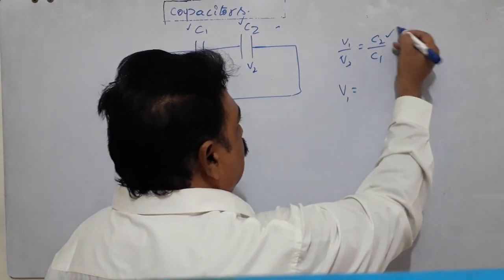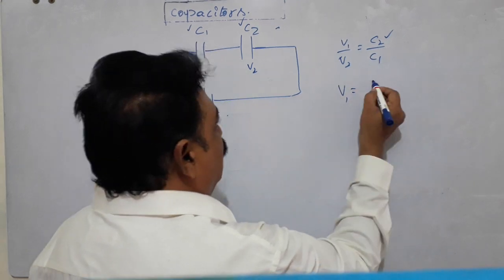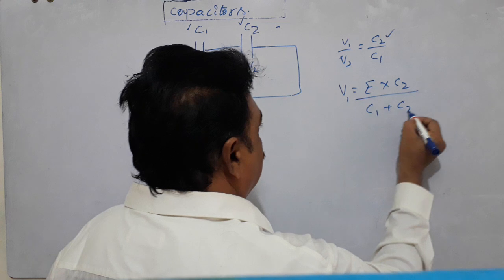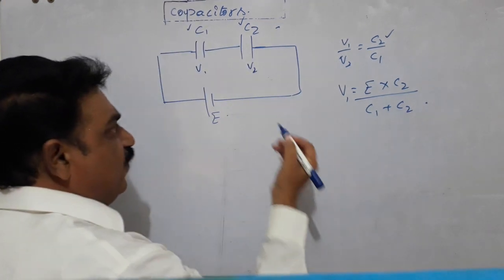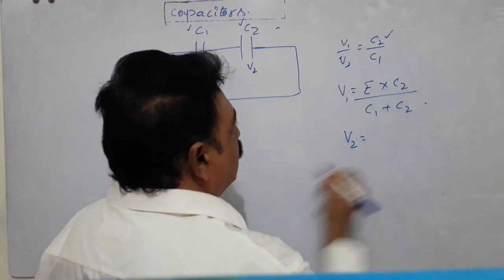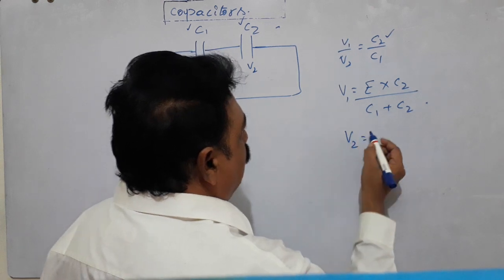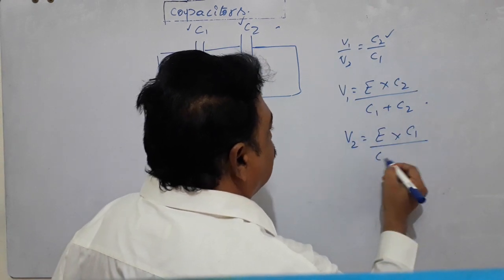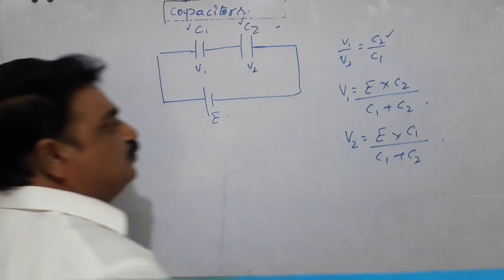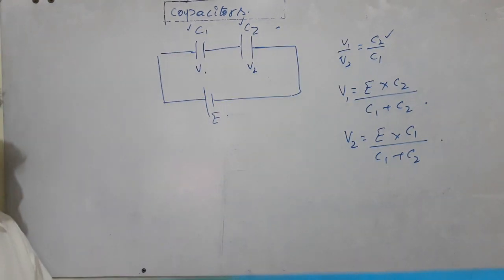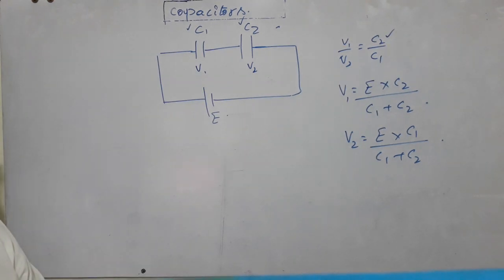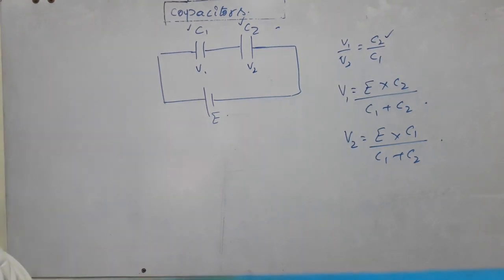V1 is equal to the effective E into C2 by C1 plus C2. If you want V2, V2 is equal to effective E into C1 by C1 plus C2. In that way, you can estimate the individual potential drops across the capacitors.